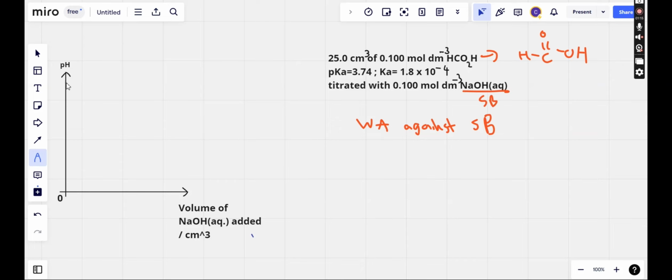Okay, so the key thing to every acid base calculation, if you think about it, is finding the pH at all points on the titration curve.